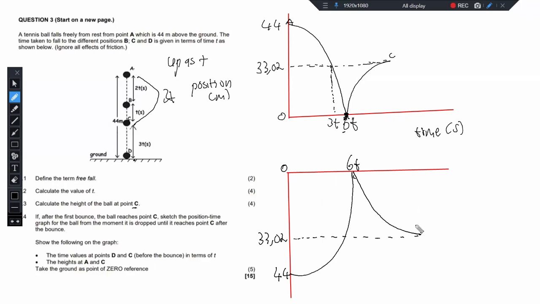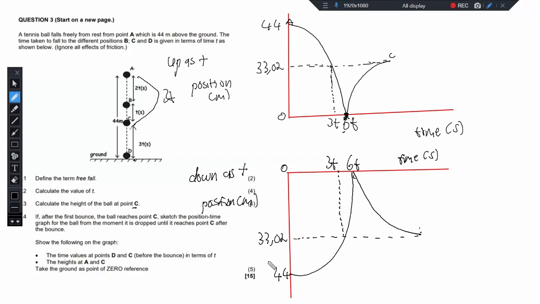And then there we go. At this point here, we must also indicate at that point it's 3t, right? So this is for the ones that took down as positive. And then you indicate again, this is time in seconds. Label your graphs, guys. It is very important to label your graph, then position in meters.